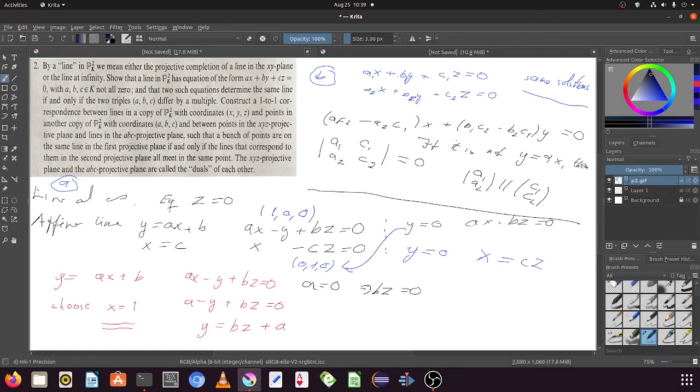Such that a bunch of points are on the same line in the first projective plane if and only if the lines that correspond to them in the second plane meet at the same point.